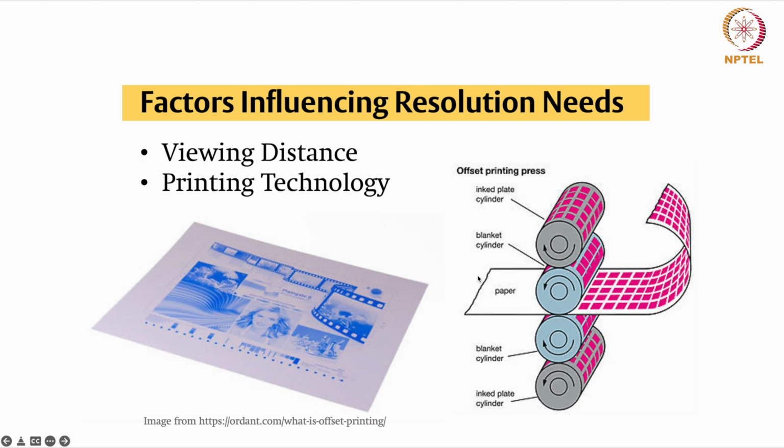In this sophisticated method where things happen in layers, the quality of the image really matters. And if the image quality is not good, it will affect the plate preparation and ultimately the final output.